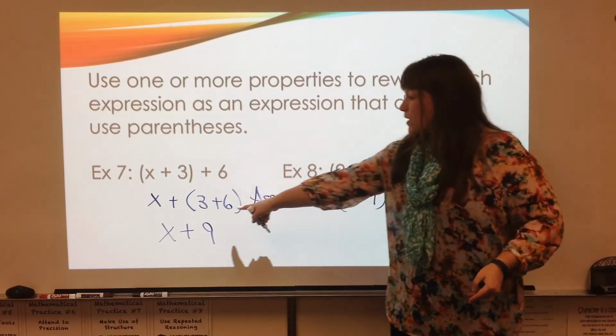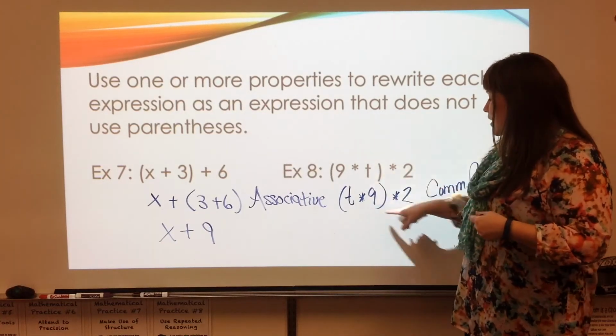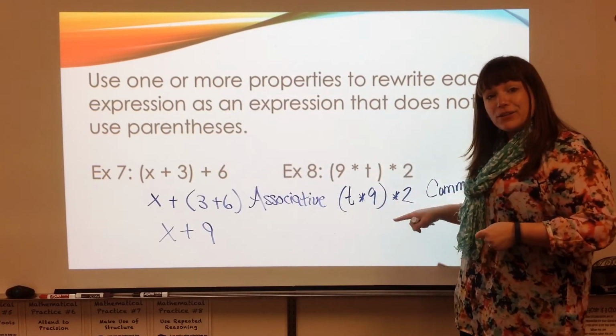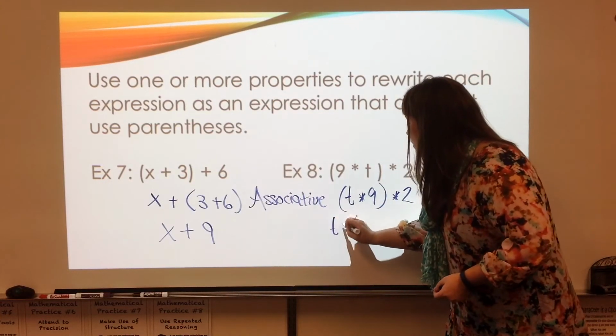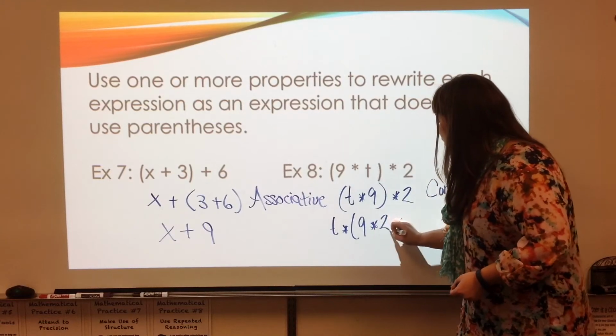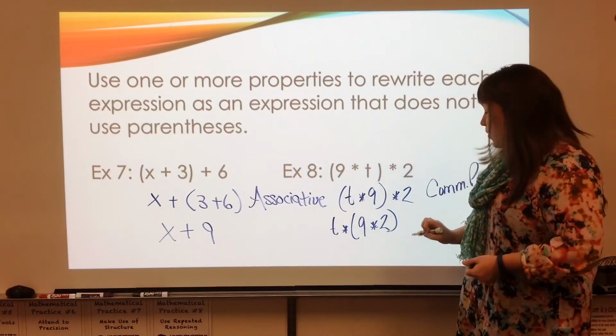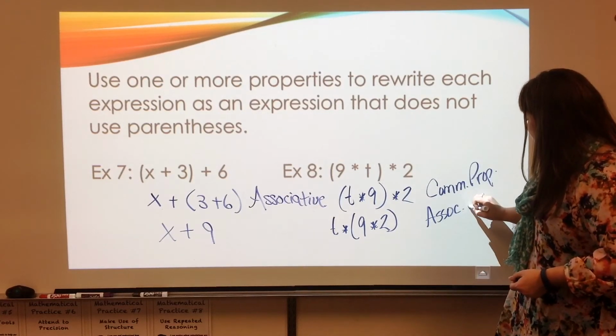Next, we're going to do the same thing we did over here. We're going to move the parentheses so that I can take what I know, the 9 and the 2, and multiply that, because the associative property tells us that we can move parentheses around and it doesn't change the value of the expression. So this is the associative property.